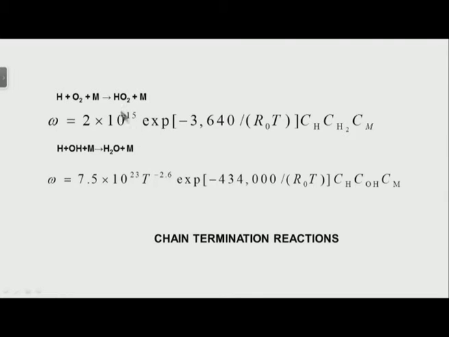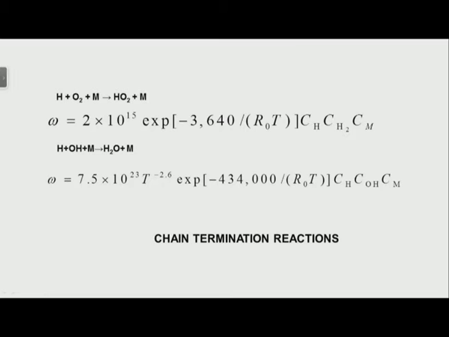Therefore, using these known, experimentally determined values of rate constants or the rate of a reaction, it is possible for us to determine the values of, let us say, H, OH and O, which are being formed in the reactions, and find out the time duration during which the chain initiation takes place and the recombination reactions take place.